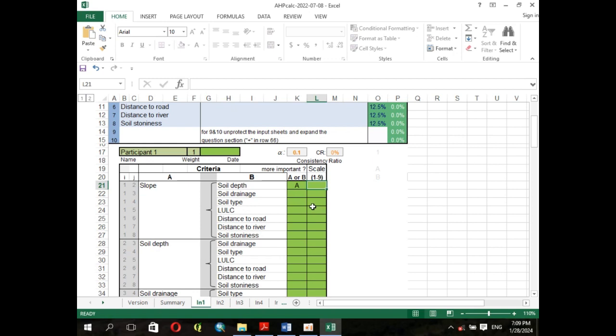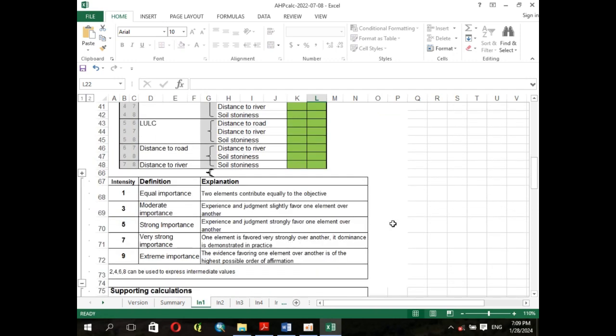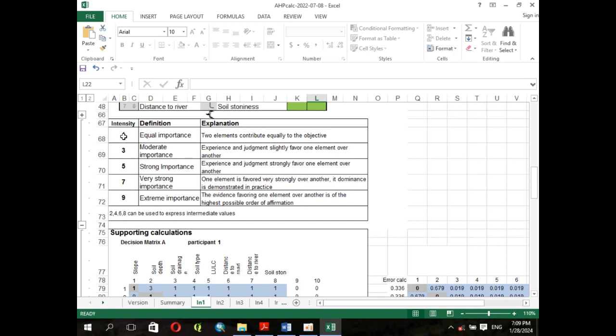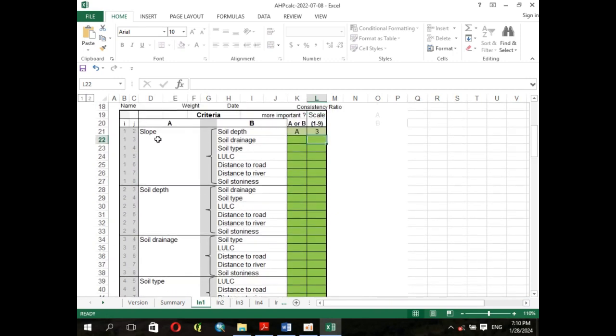By how much? I can say that I will give 3, for instance. This scale is given based on your judgment, but those numbers mean, for instance, if you give 1, the 2 parameters are of equal importance for your objective, and if you give 3, that means the slope is moderately more important than the soil depth.